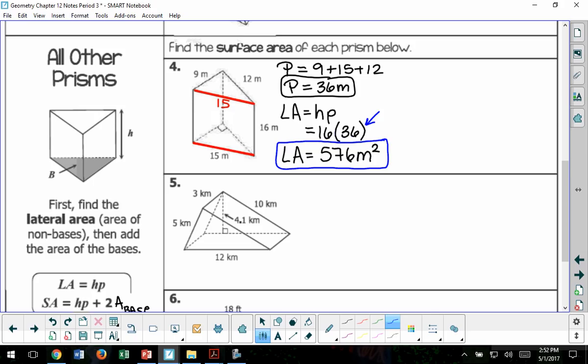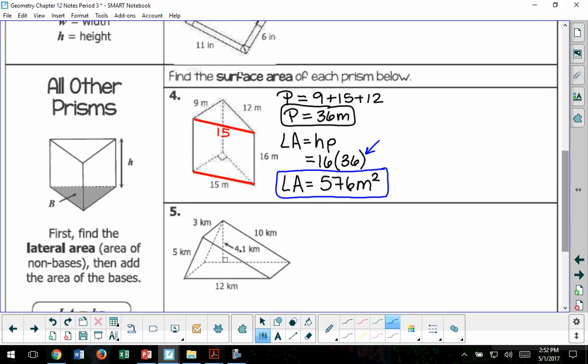Not done. To your surface area. Surface area is going to be your lateral area plus 2 times the area of the base.